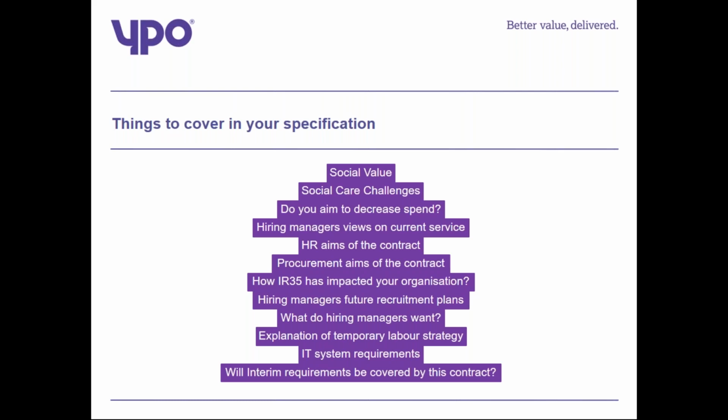Could this be classified by types of workers or different areas where the provider can actually help you in developing this? This contract has an impact across your whole organisation, and with social value being so key at the minute, we're seeing some really good examples in different councils around where social value can happen. So one authority at the minute actually has a social value champion in there.